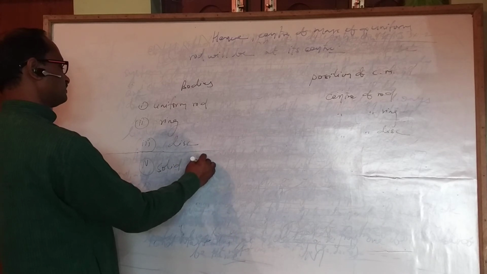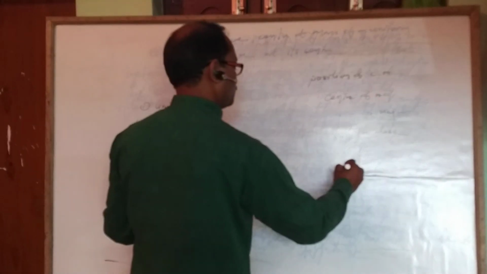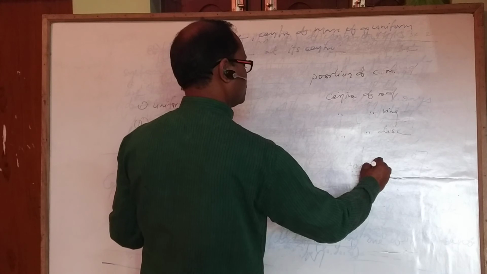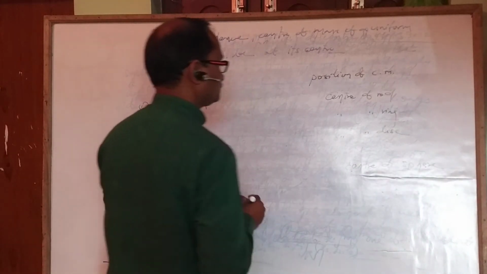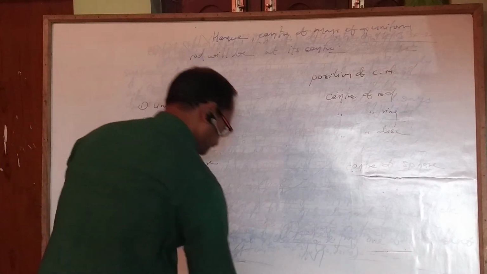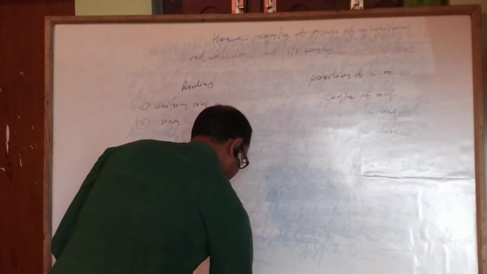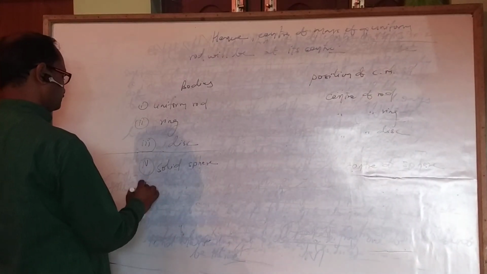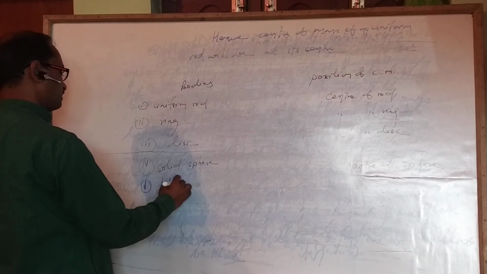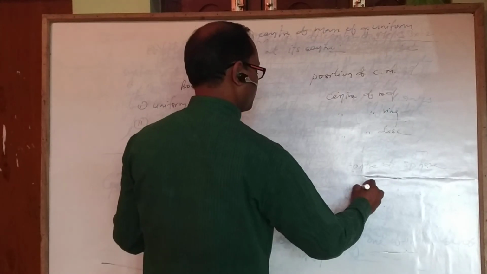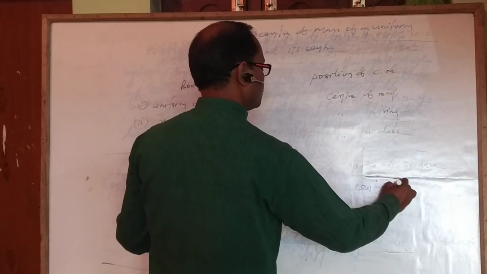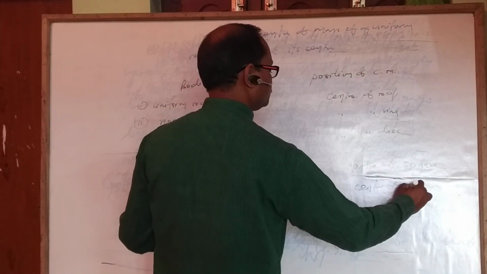Solid sphere: center of sphere. Hollow sphere: center of hollow sphere.